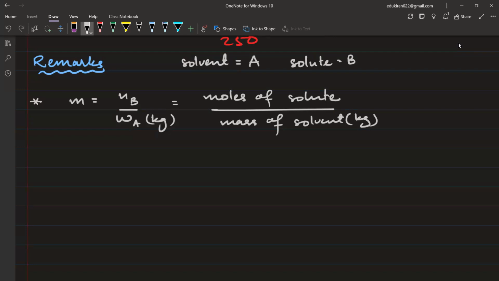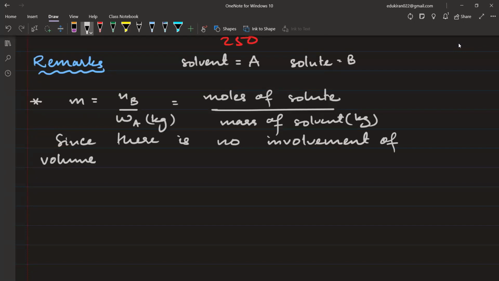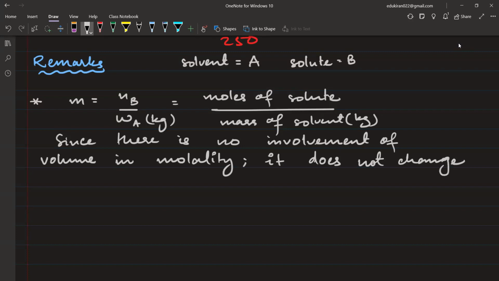As you can see, there is no involvement of volume in molality. It does not change with temperature.